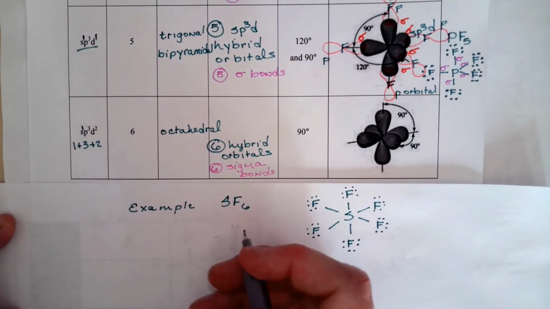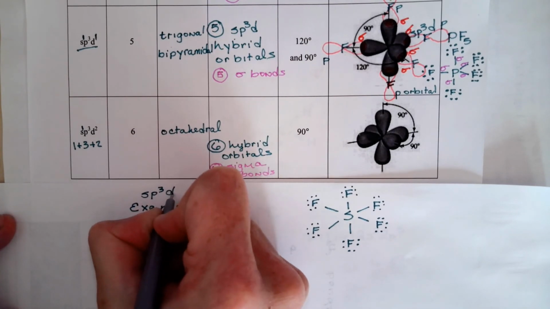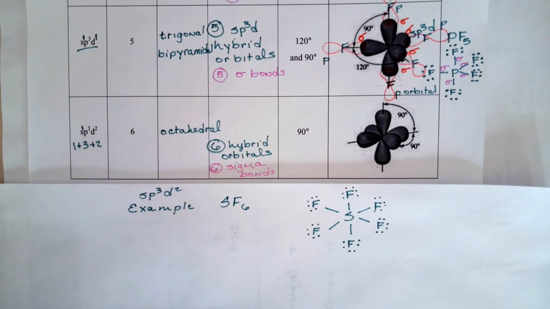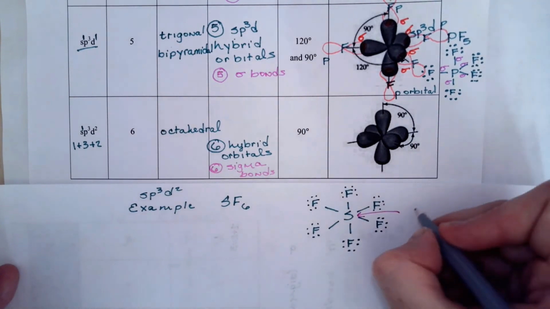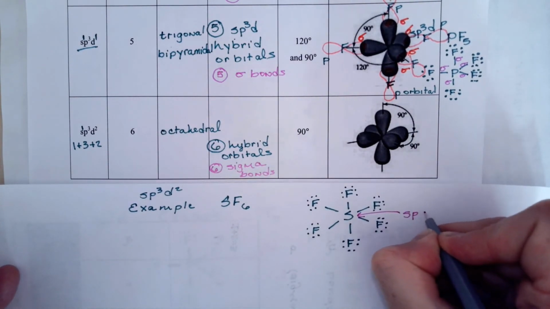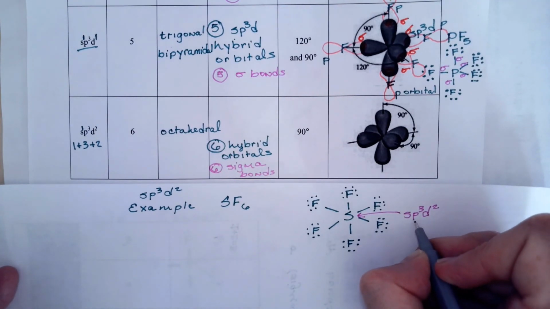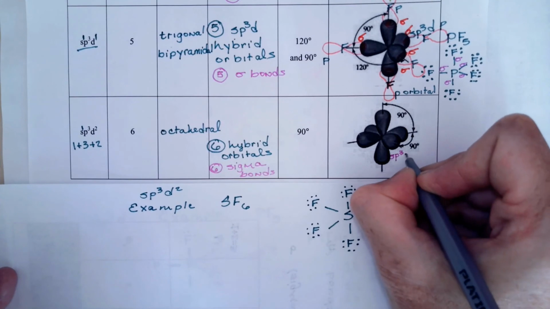So for our last example of sp3d2 hybridization, we're going to look at SF6. So the sulfur in the middle uses the 6 hybrid orbitals. And each one of those hybrid orbitals will be labeled as sp3d2.